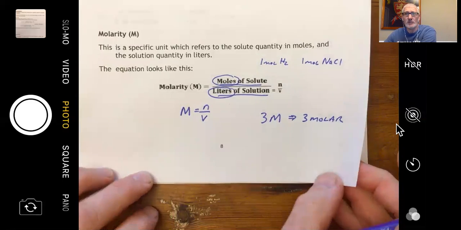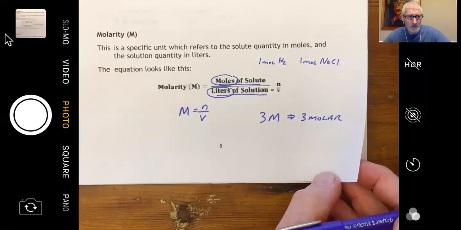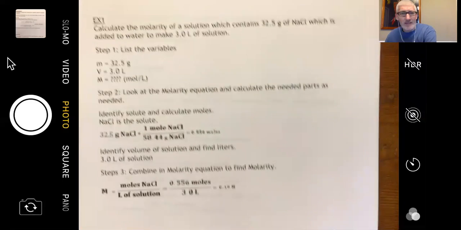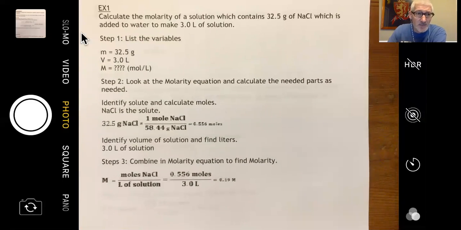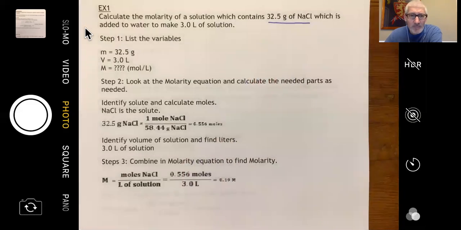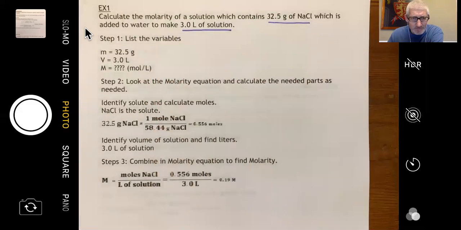And I'm going to pop over here, turn off that sound making thing. And let's look at an example or two real quick. And then I think you guys are going to be really just fine with this concept. So if I said, let's calculate the molarity of a solution, I've got 32.5 grams of NaCl, and we're adding it to make 3 liters of solution.